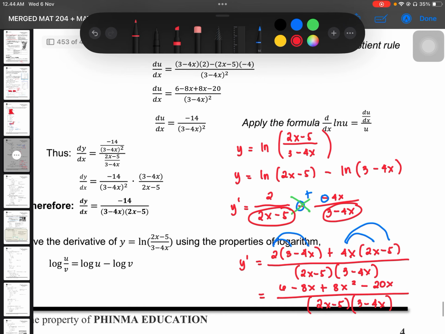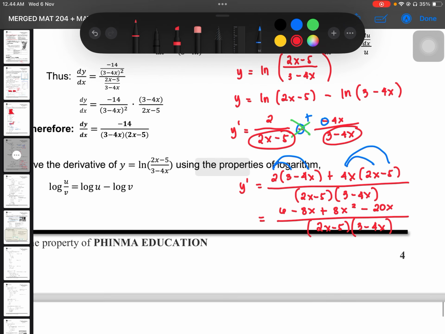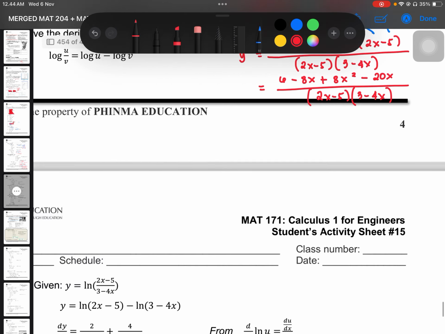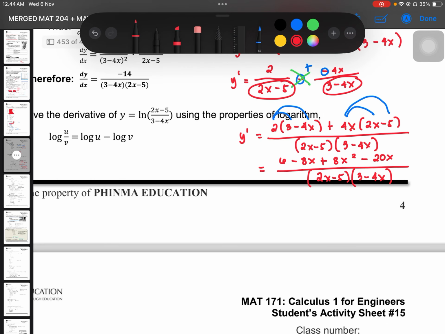Ano pa? Okay, guys. So, by combining them, we will be having... May mali ba tayo sa naging ano natin? Parang wala naman, diba? Okay, so combining like terms, we have y prime.